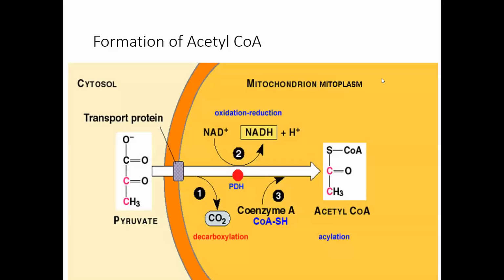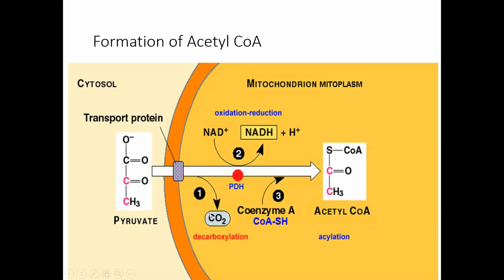Okay. So this is what happened. This is the first step in the Krebs cycle. Remember, you get 2 pyruvates from glycolysis. So there are 2 pyruvates going in one after another. They probably go in at the same time, I don't know, but we always say it goes in one after another. So pyruvate comes in.